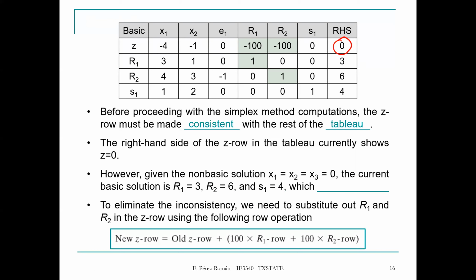R1 equals 3, R2 equals 6, S1 equals 4. However, given the non-basic solution x1, x2, x3 equals 0, the current basic solution is R1 equals 3, R2 equals 6, and S1 equals 4, which yields Z equals 900.